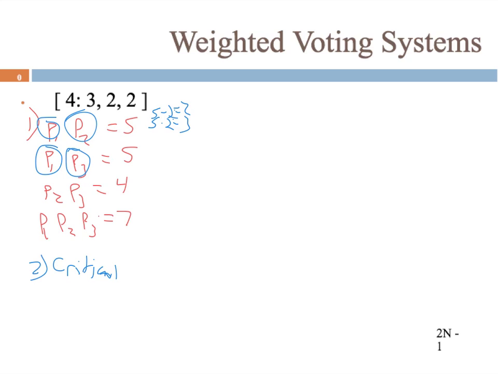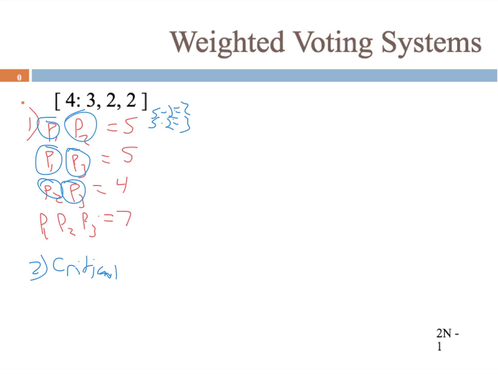Player 2 and player 3, both are going to be critical, because if we drop either one of those, again, we're going to be below 4 votes. Notice in the grand coalition, no one is required. If we were to drop player 1, player 2 and 3 are enough to have it.